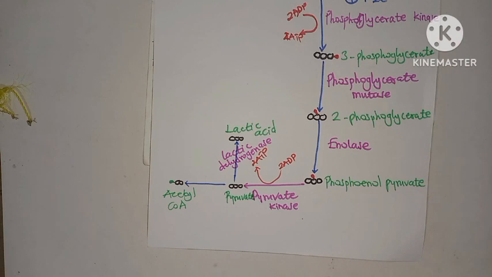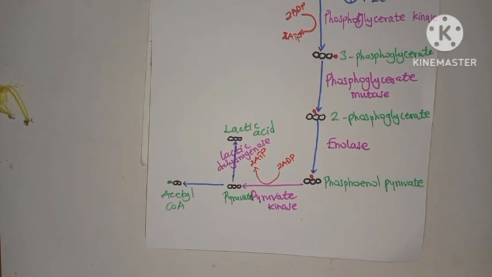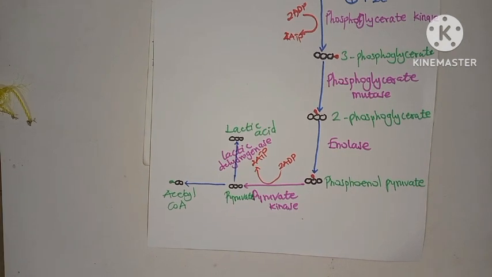Our end product from glycolysis is 2 pyruvate, and we also make 4 ATPs, where we use 2 ATPs, leaving a net of 2 ATPs, and we also make 2 NADH. And during the anaerobic process we generate lactic acid.